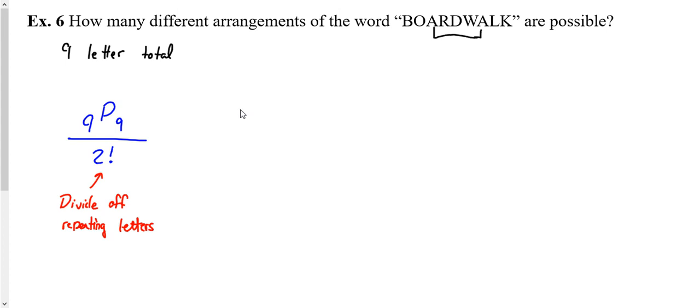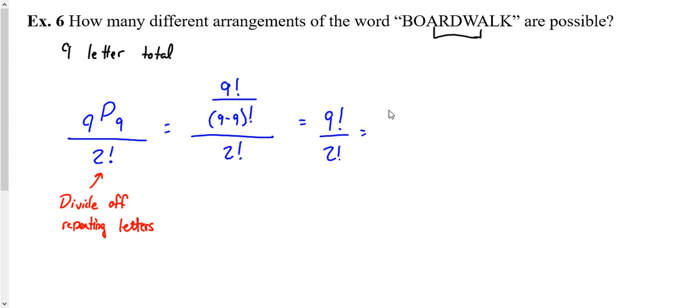So if we wrote this out here, let's see what we get. This here would now be written as 9 factorial divided by 9 minus 9 factorial. All of that's divided by 2 factorial. Of course, that's just 1, so that kind of goes away. So you'd have 9 factorial divided by 2 factorial overall, which is the same thing if you evaluate top and bottom.